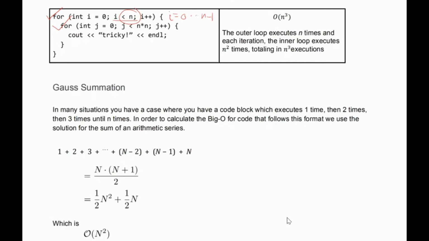And for the inner for loop, the loop variable j is from 0 until n squared minus 1, because the value of j is not to become equal to n times n. So it's 1 less than this because it says less than. There is no equality operator. So this would be n squared minus 1.